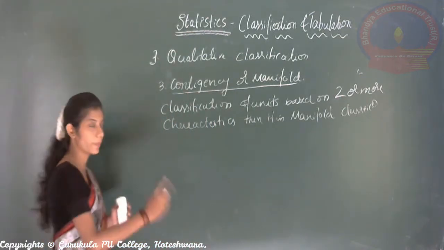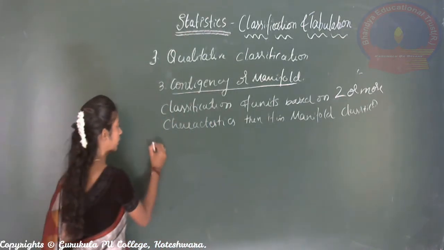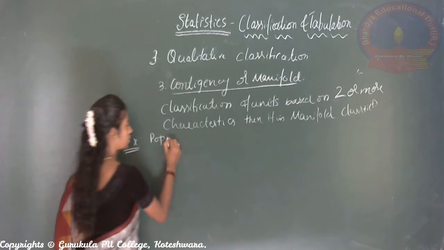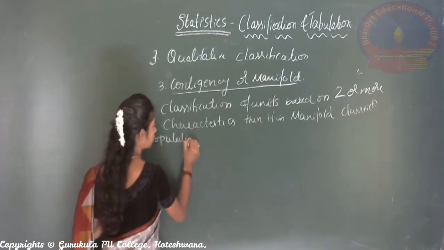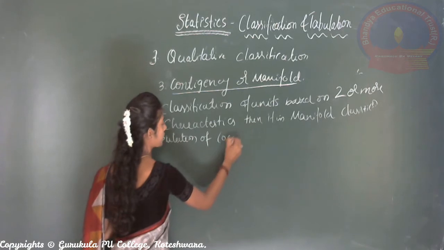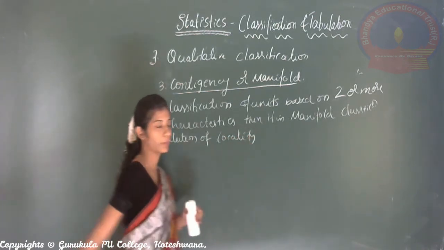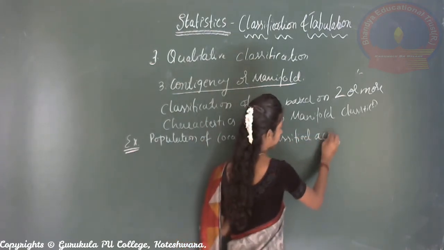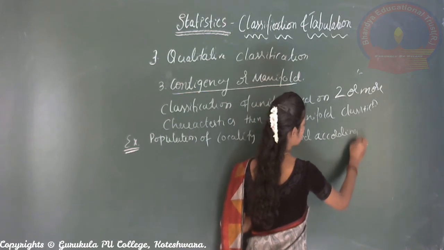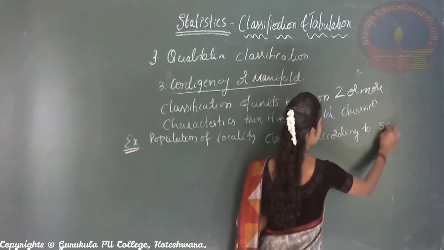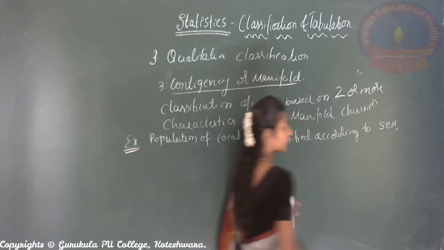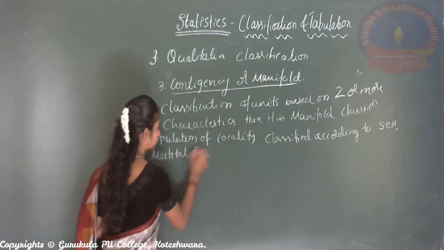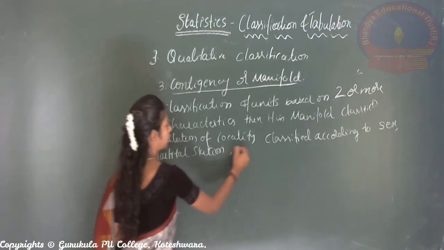Okay, the same example that I will give here, population example: the population of a certain locality can be classified according to sex, then marital status, and education.